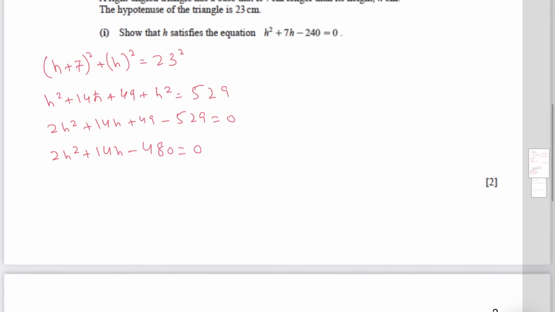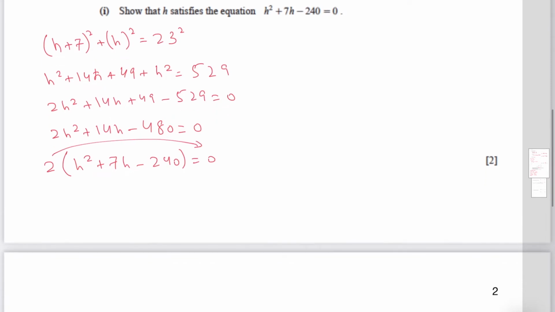The next thing is, since there is a common factor that can be taken out of the equation, you take 2 out of this equation and you're left with h square plus 7h minus 240, as I divide the entire equation by 2, equal to 0. 2 goes to the other side, and 0 divided by 2 becomes 0 as well. So your final answer is h square plus 7h minus 240 equal to 0.